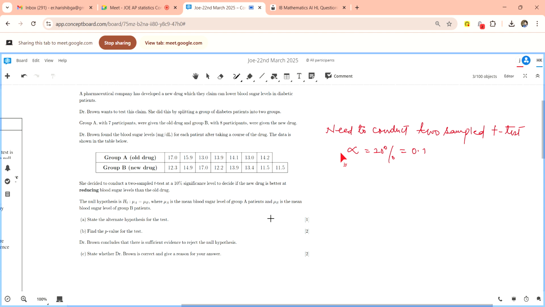the blood sugar level. So we have the alternative hypothesis.